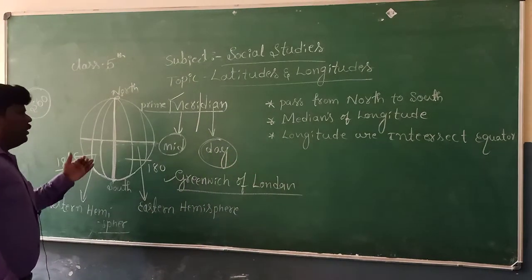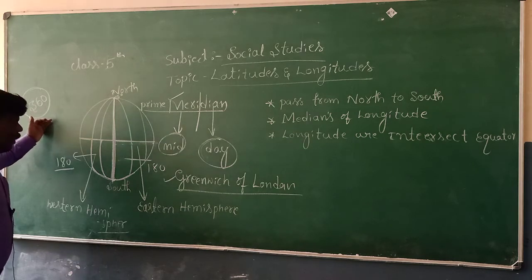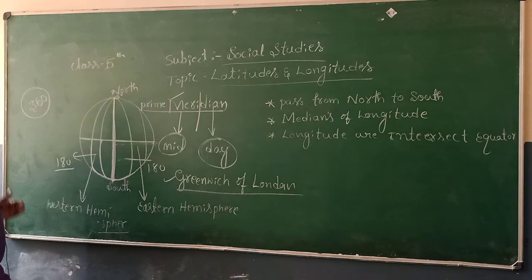So these are the basic characteristics of longitude. There are 360 longitudes, 180 in the east and 180 in the west.